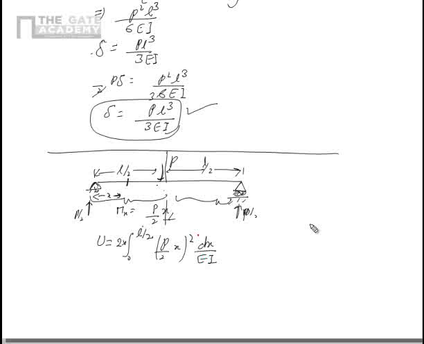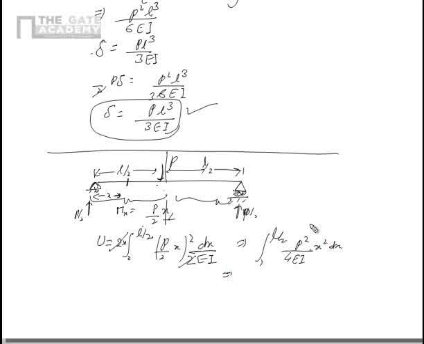So I can take this out. M square upon twice EI, so this 2 gets cancelled out by this. So this becomes 0 to L by 2 P square by 4 EI x square dx.